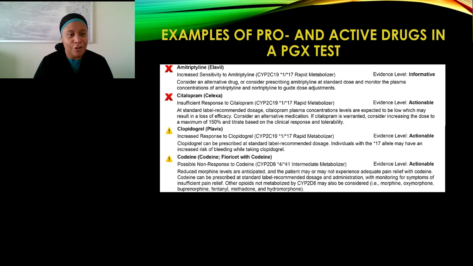Now, it also says citalopram, the patient is going to have insufficient response to citalopram, yet they're a rapid metabolizer. So this is a clear example of how this shows up in the results and why it's important for a patient to understand that amitriptyline is a prodrug and citalopram is an active drug.